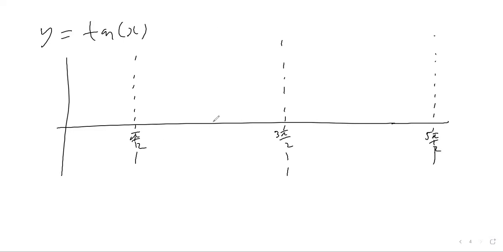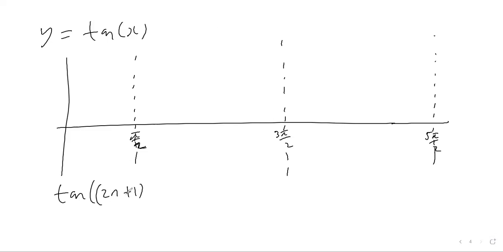So these odd number multiples of pi over 2, 1, 3, 5, 7, 9, and -1, -3, -5, and so on. These odd multiples of pi over 2, you do get these asymptotes. So basically we know that tan of pi over 2, or actually, let me write it like this instead. So odd numbers we can write as 2n plus 1, can't we?